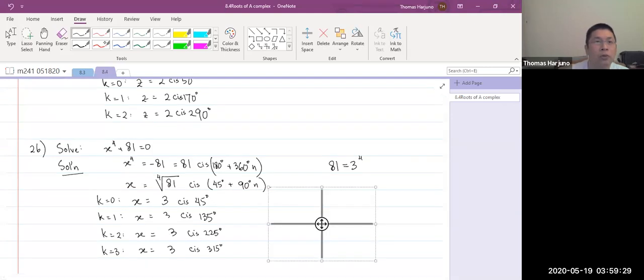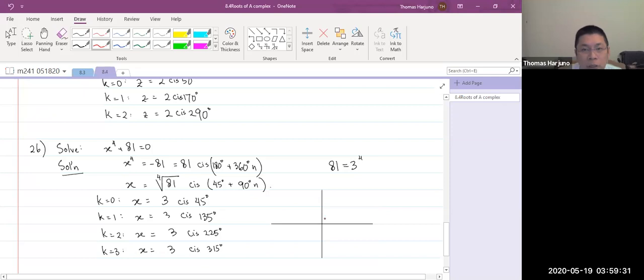If we take a look at the positions, 3 cis 45 degrees is here, 3 cis 135 degrees will be here, 3 cis 225 degrees will be here, and 3 cis 315 degrees will be here. If you go to k equals 4, you will go back here.